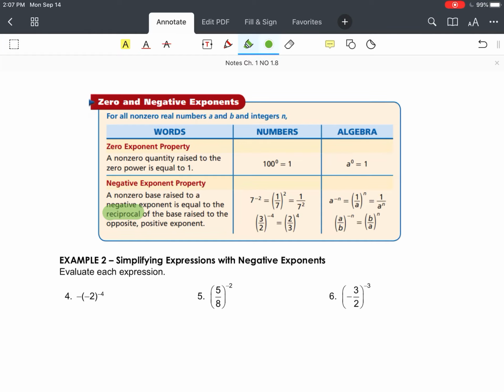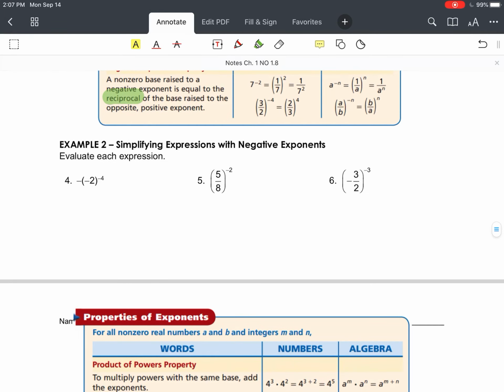So whenever you see a negative exponent, you should be thinking about flipping the fraction. So number 4, evaluating each expression. I see a negative exponent. So with my negative exponent, I'm going to take what's in parentheses and flip the fraction. So instead, it's going to be negative 1 on top, because this is like negative 2 over 1. So it's going to be negative 1 on top, and then negative 2, which was in my parentheses, is going to go now to the bottom of my fraction.